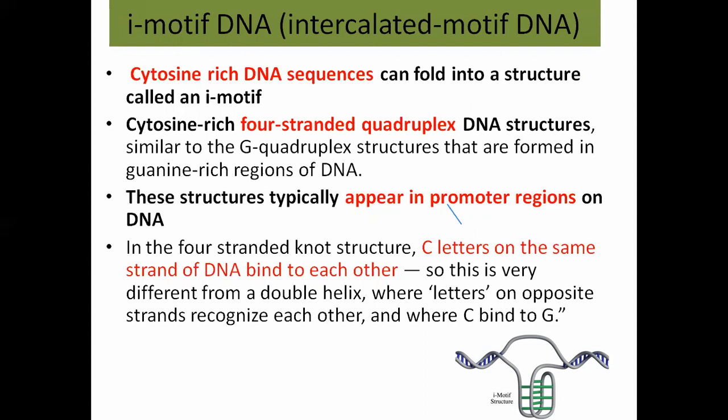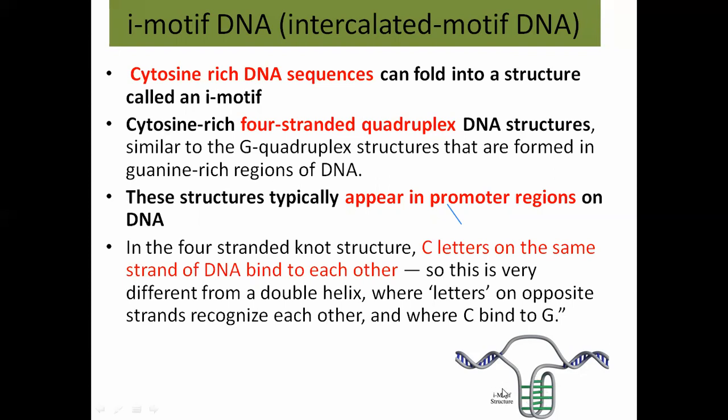And what does I indicate? I means intercalated motif DNA. And this I-motif DNA contains cytosine-rich DNA sequences, and the cytosine-rich DNA sequences can fold into a structure called I-motif.